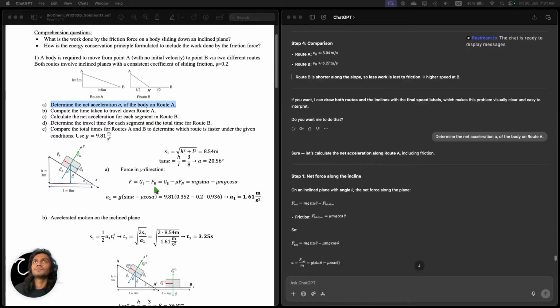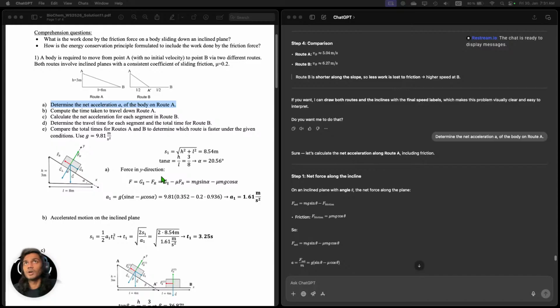S1, okay, that's distance. Okay, force in y direction. We're going that route. Force in y direction. We got G. We got perpendicular.